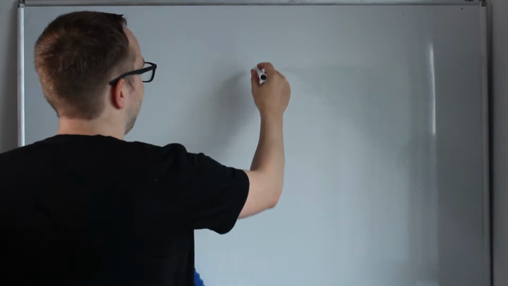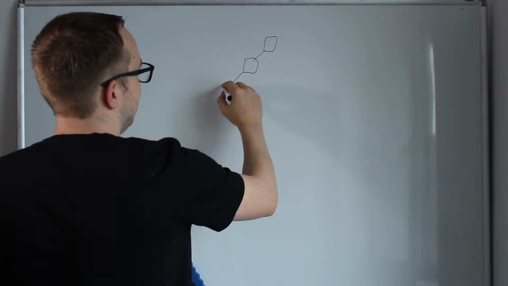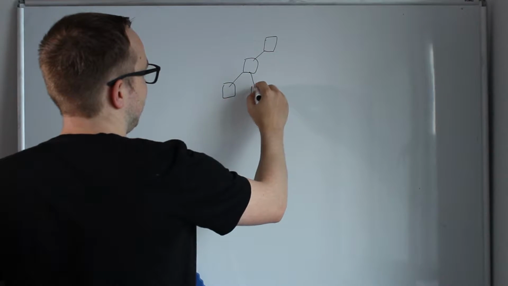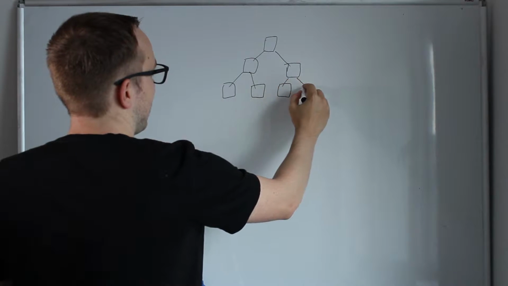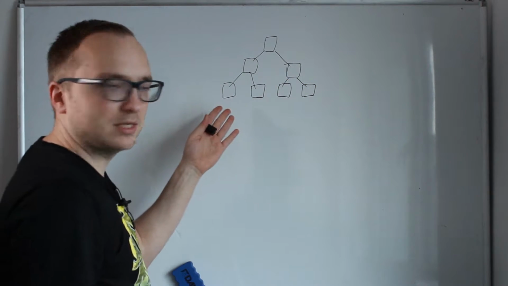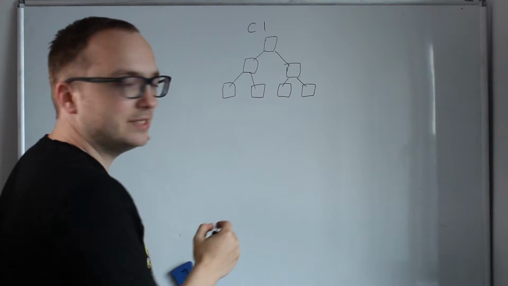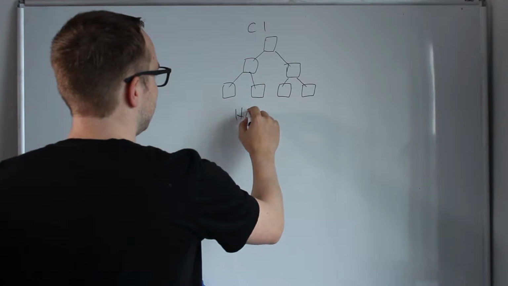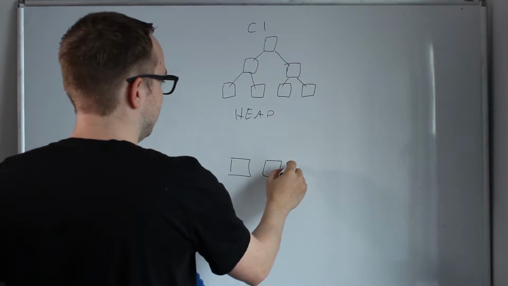Let's take a look. While we have a B tree in place with a root page, and then we have intermediate pages, and in the end we have data pages as leaf pages where the data actually is stored. This would be a typical clustered index. On a heap it's a little bit different. On a heap we have just data pages where the actual data is stored.